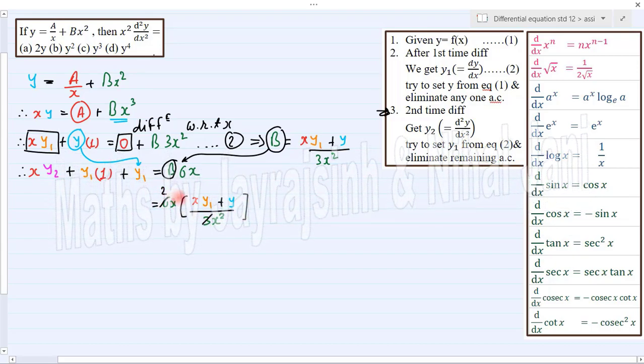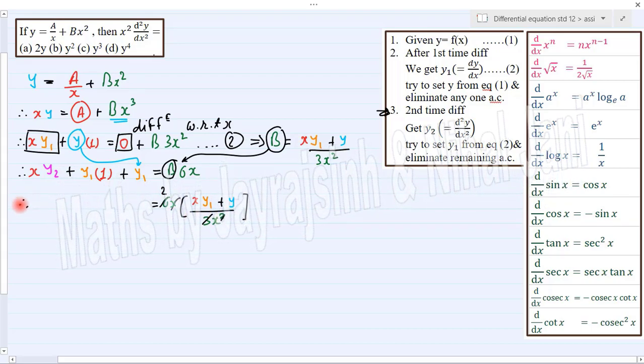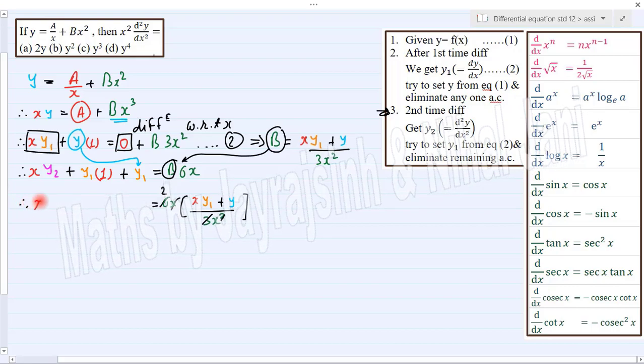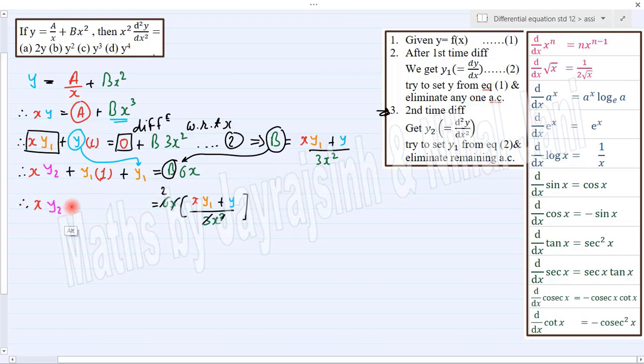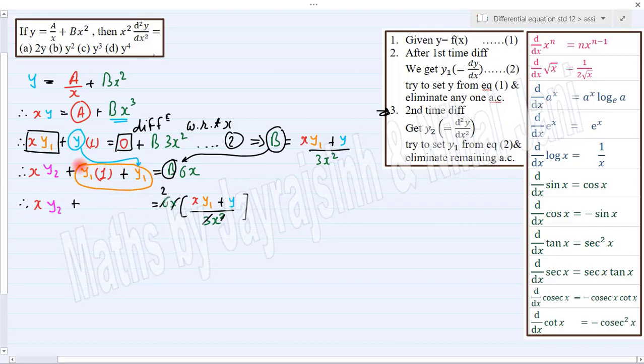Here we get 3 twos are 6, and one power of x will cancel out. And on the left hand side, we will get x into y2 plus y1 will become 2y1.